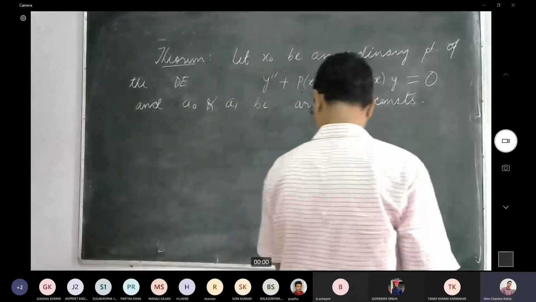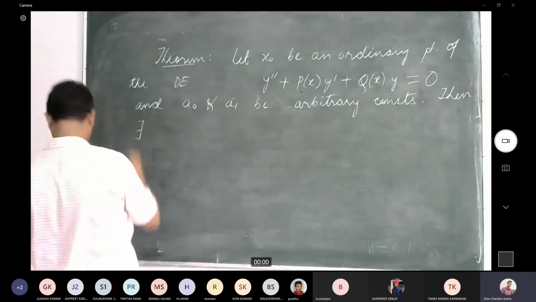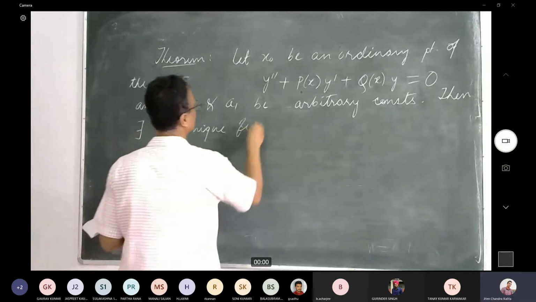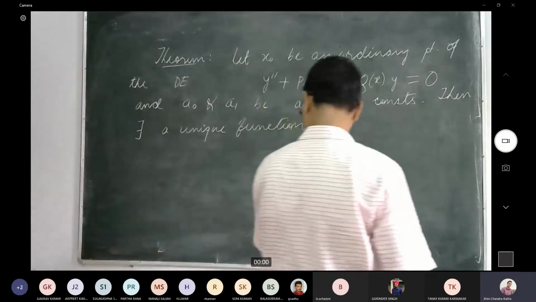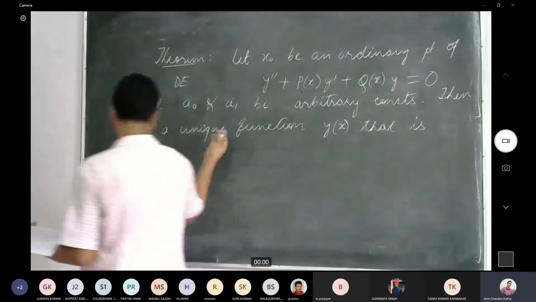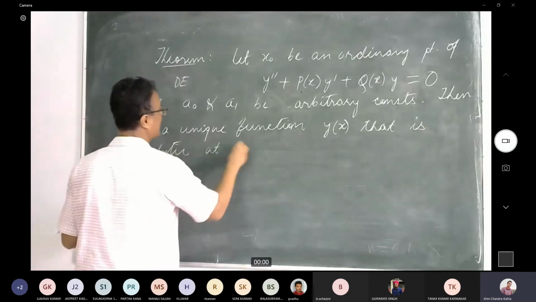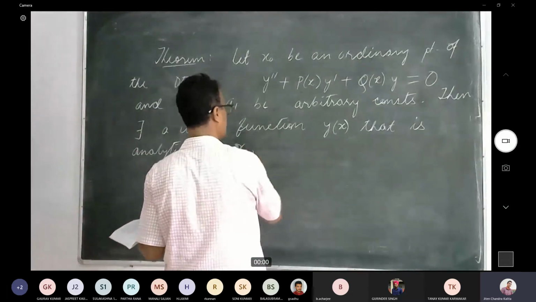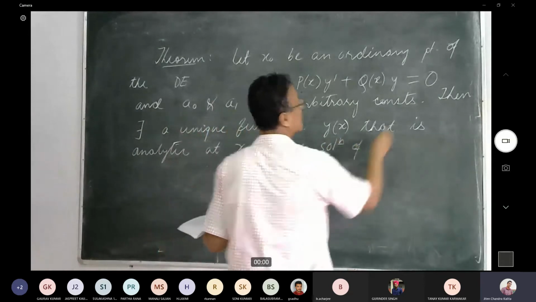Then what this theorem says is that there exists a unique function y(x) which is analytic at x naught, and it is also a solution of the above equation, call it equation A.